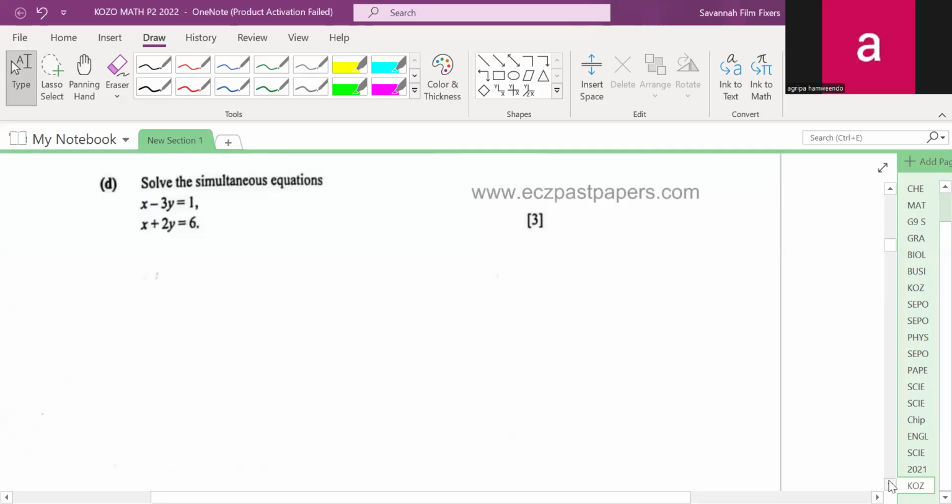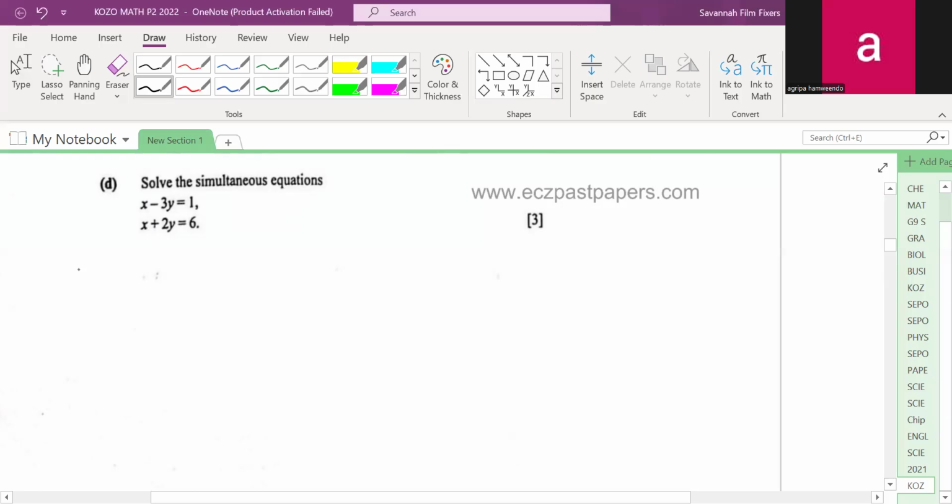So, what's this? Simultaneous equations, right? Are you comfortable with solving simultaneous equations? No, I am not. Okay. So there are two methods in which we can solve simultaneous equations.